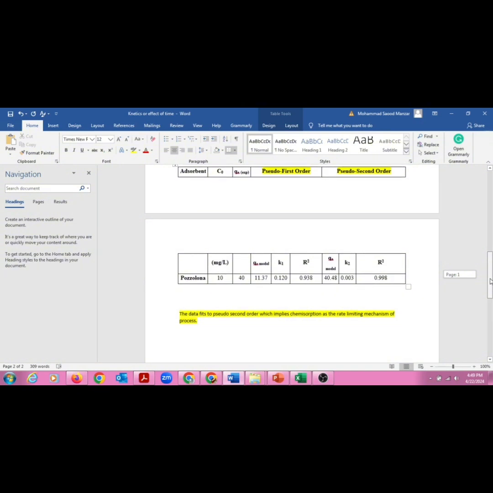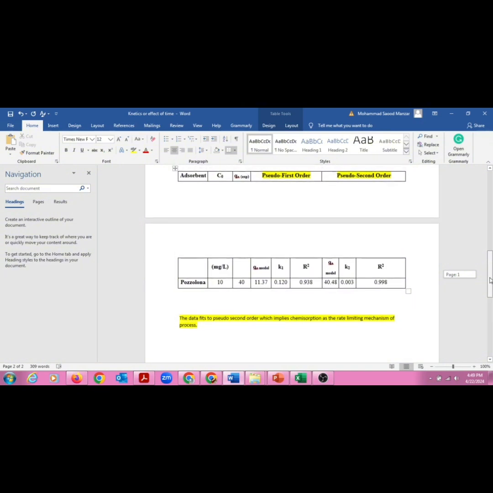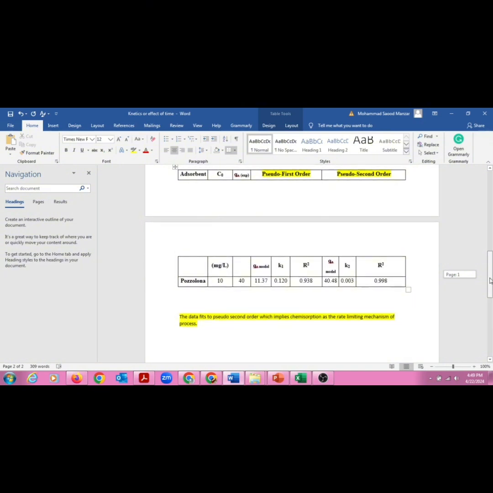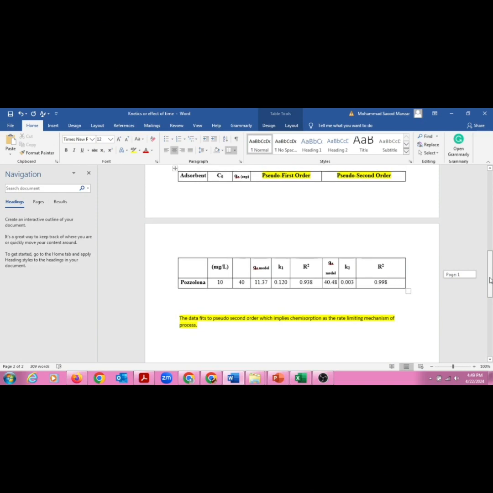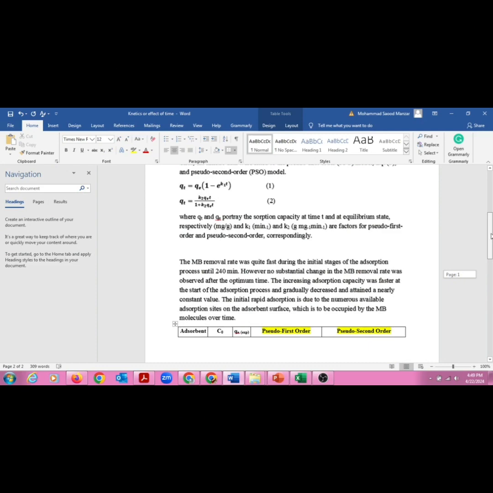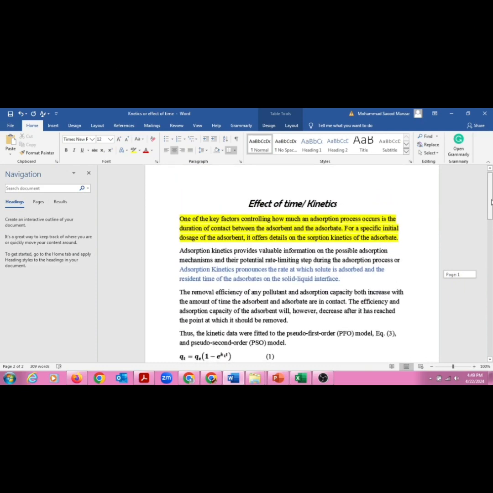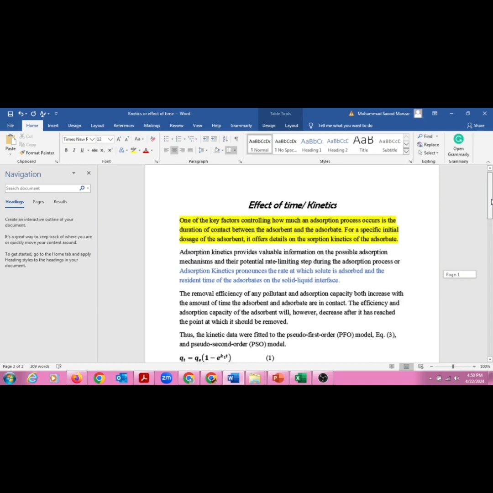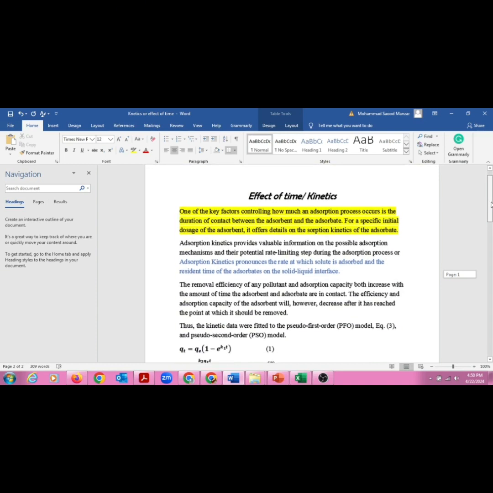You can just copy these and then you can plot. You can also watch on my channel how we fit the adsorption kinetics data to the linear and non-linear models. So this was all about the effect of kinetics, or the effect of time, on the adsorption of methylene blue by the raw pozzolana.